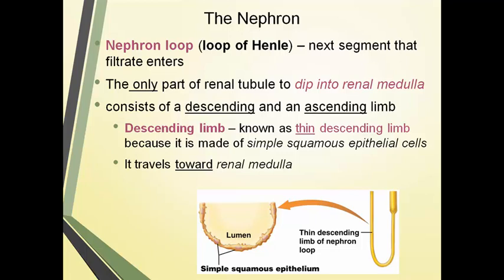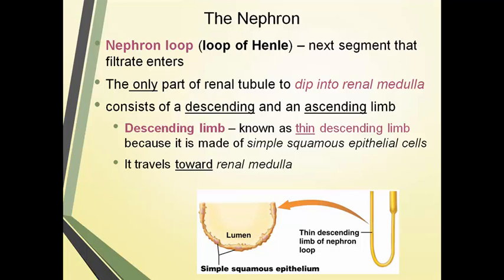The descending side is thin, and we'll see simple squamous epithelial cells, which allow water to move very readily through the thin descending limb. Then it's going to travel downward toward the medulla.